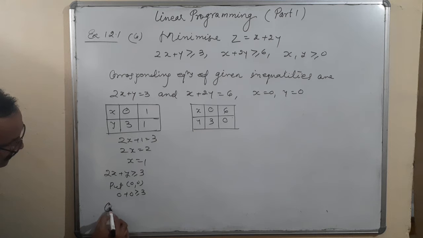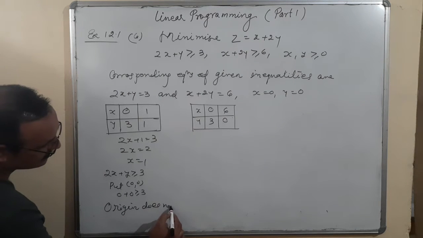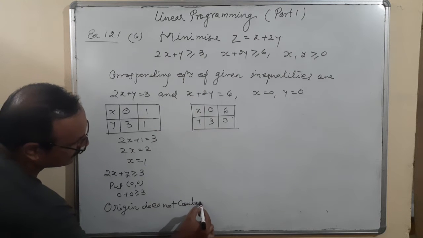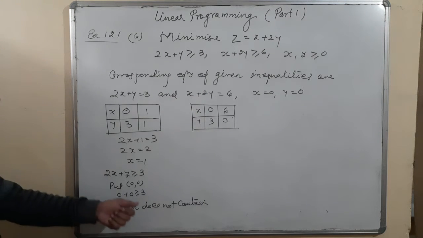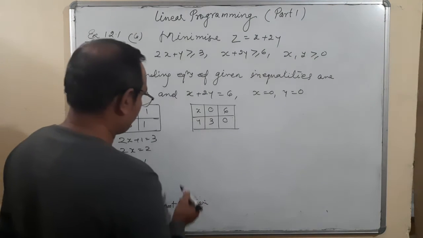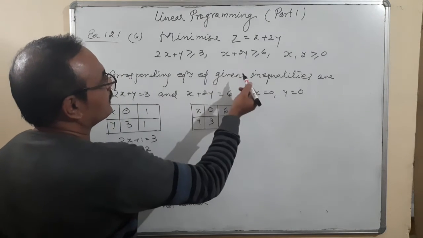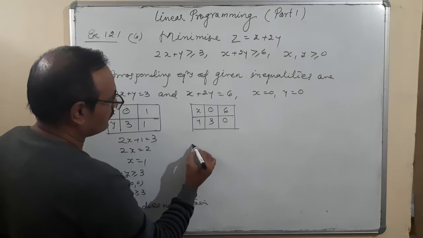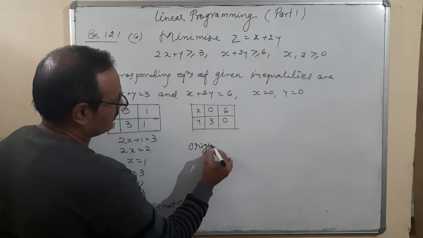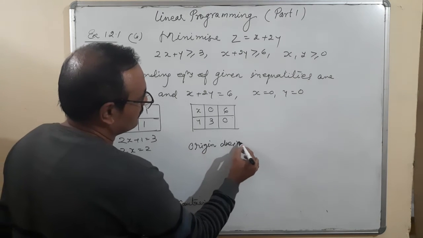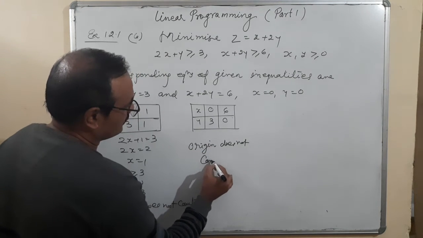What does it mean? The origin does not belong to the feasible region. Here the same thing again: the origin does not belong.